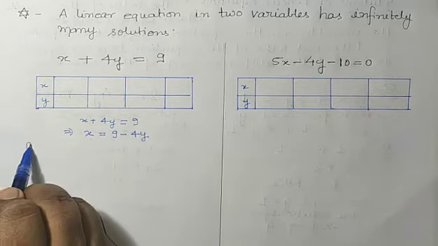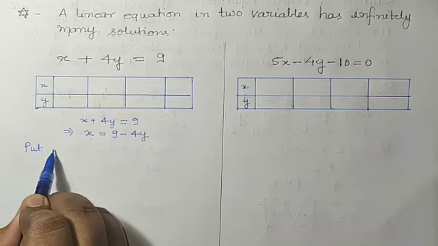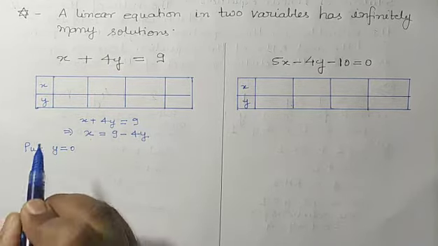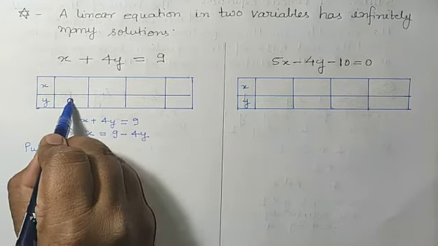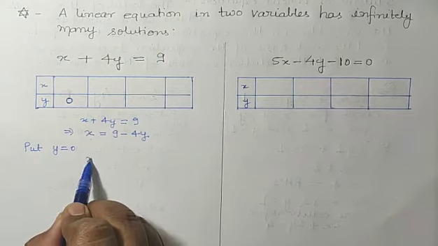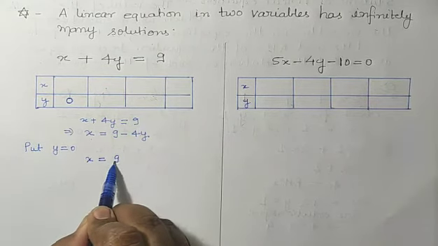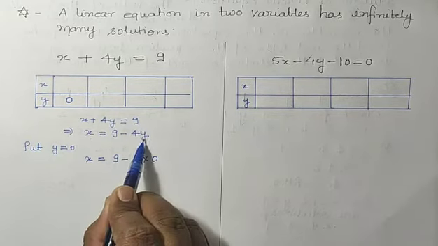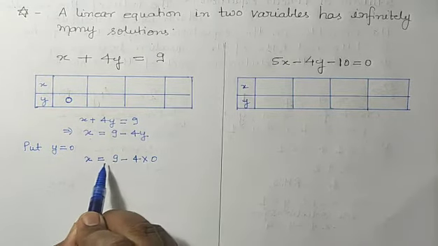Just put y is equal to 0, means if we take the value of y as 0, then we will get the value of x as 9 minus 4 into 0, because we are supposing the value of y as 0.